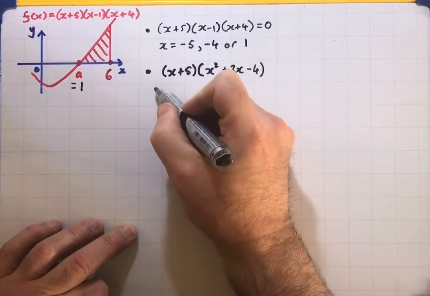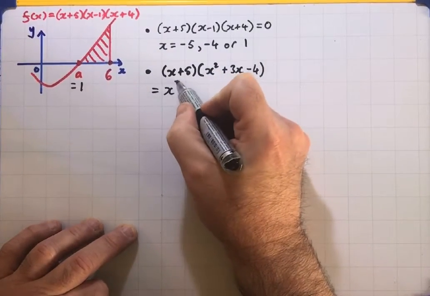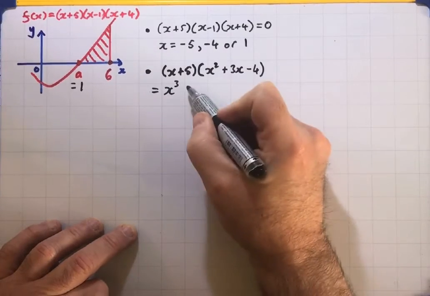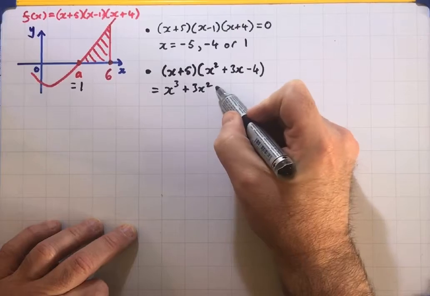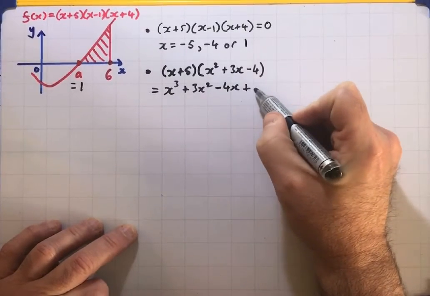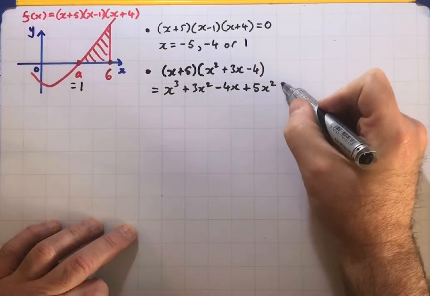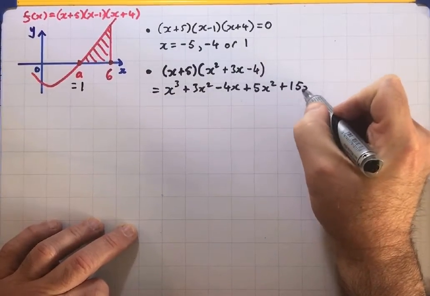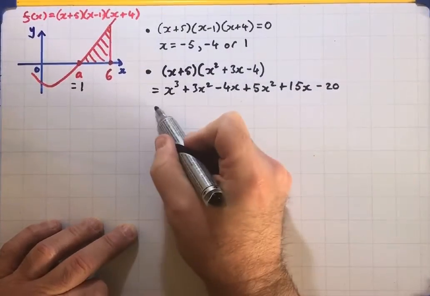So, let's multiply that out. X times x squared is x cubed, x times 3x is plus 3x squared, x times minus 4 is minus 4x. 5 times x squared is 5x squared. 5 times 3x is plus 15x. 5 times minus 4 is minus 20.